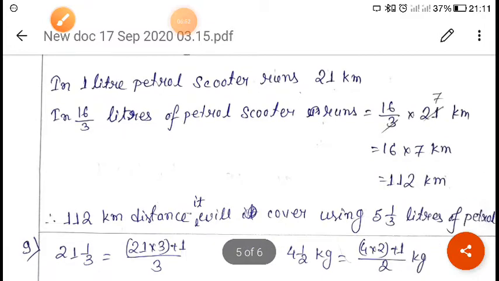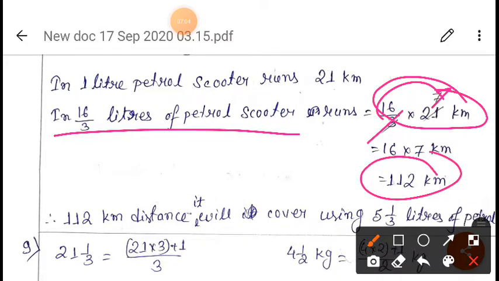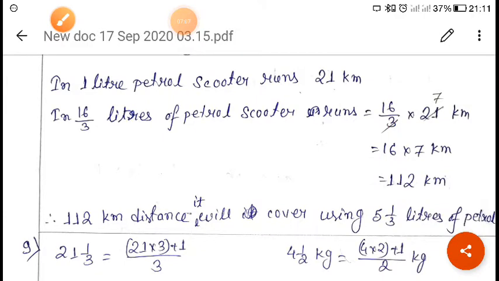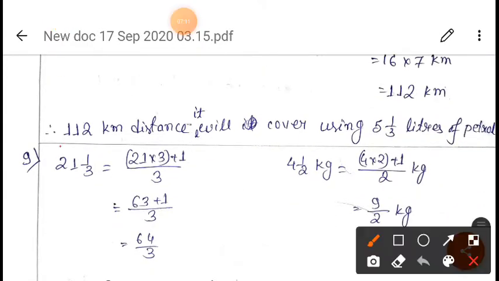So in 16 by 3 liters of petrol, the scooter's run will be this multiplied with this 21. So when we multiply, 3 sevens are 21, we will get 16 into 7, which is 112 kilometers. So 112 kilometers distance it will cover using 5 1 by 3 liters of petrol.